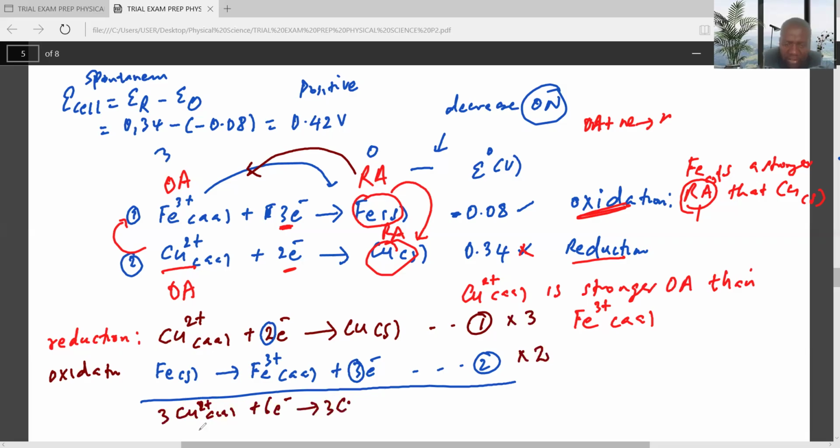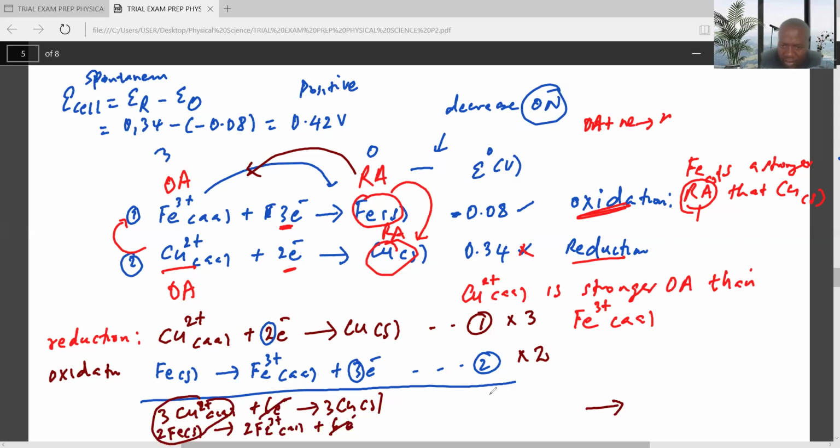Then secondly, we will do the same. It will be 2 iron give rise to 2 iron ion plus 6 electrons. But since the electrons are balanced, whatever is on the right of this, we just write one arrow. On the right, we combine. We start with the electrode, which is a solid.